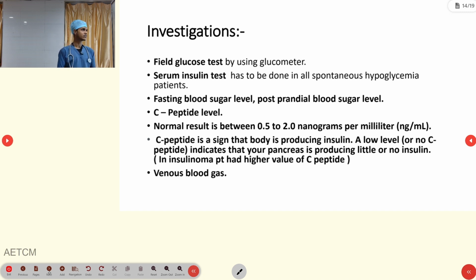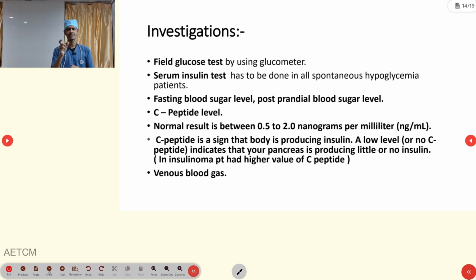So this is the in-hospital investigation. You have to do the field glucose test, that is glucometer, and the serum insulin test. Once you find the person has hypoglycemia in hospital, before correcting with dextrose, you have to take the serum insulin test, and then you have to take the C peptide level. The serum insulin test will measure how much insulin we have in our body. C peptide level is a marker of whether our body is secreting insulin or not.